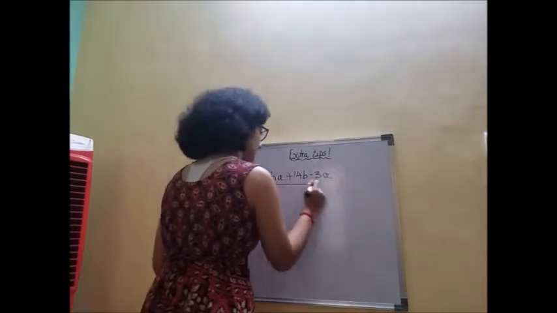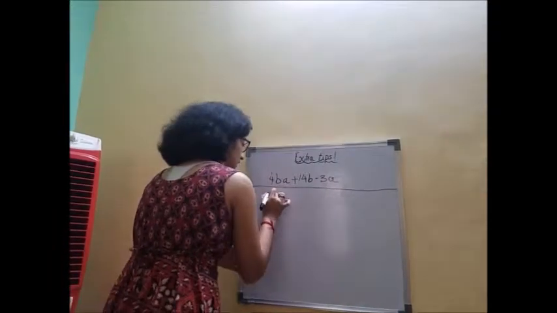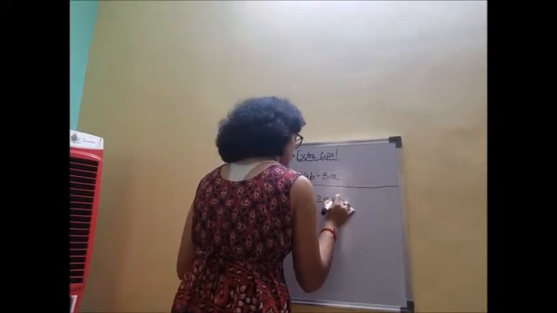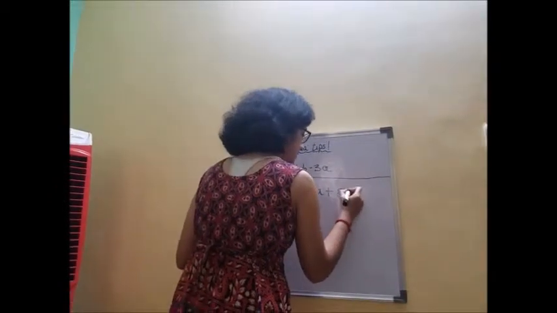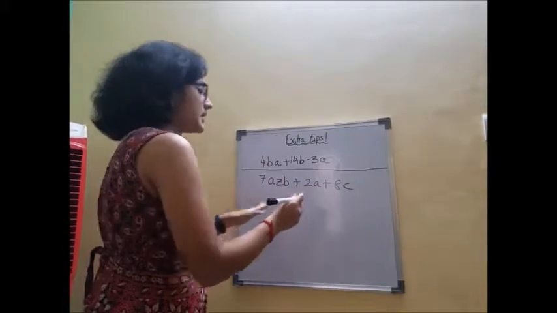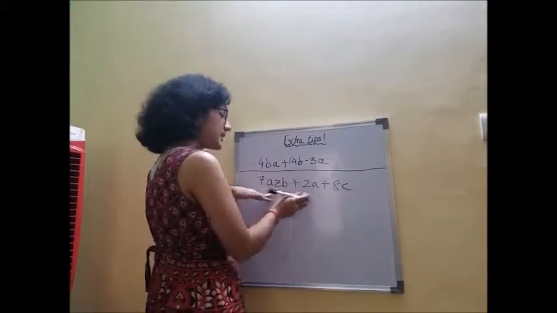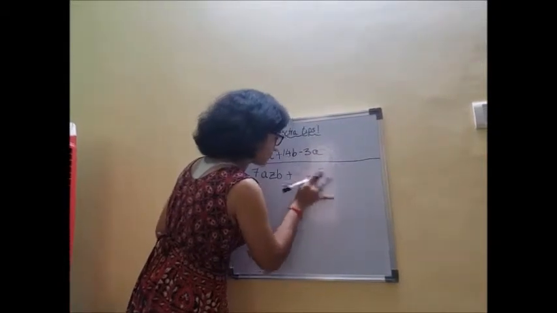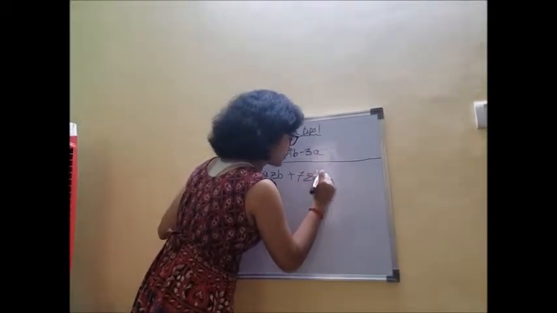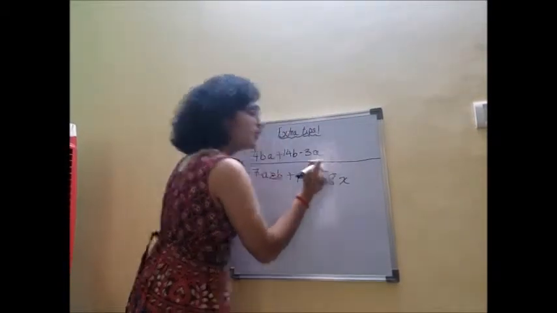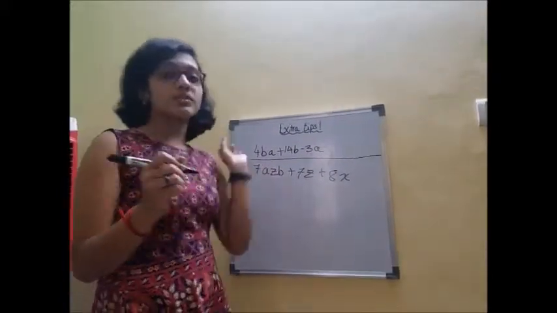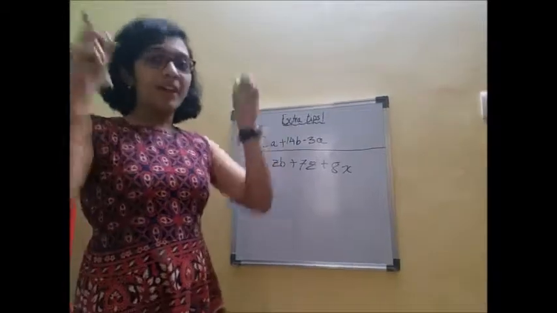So for example, you have something like 7AZB plus 2A plus 8C. Of course this is actually perfect, but if it was, for example, 7Z plus 8x, we have to change these both, but keep this the same, because the more variables a term has, the bigger it seems.